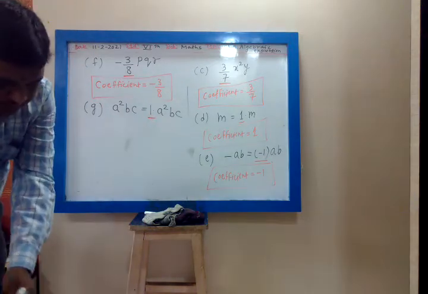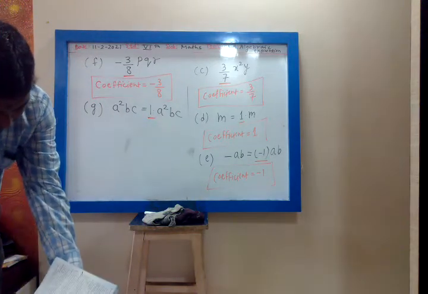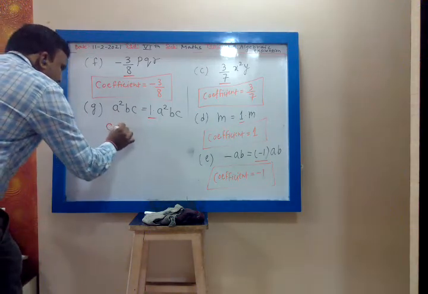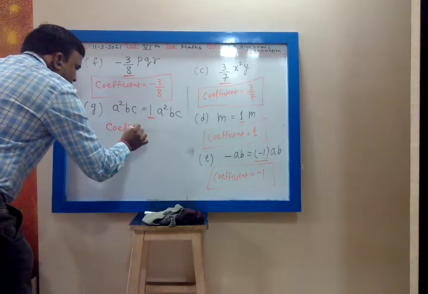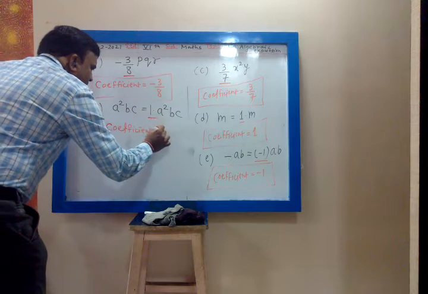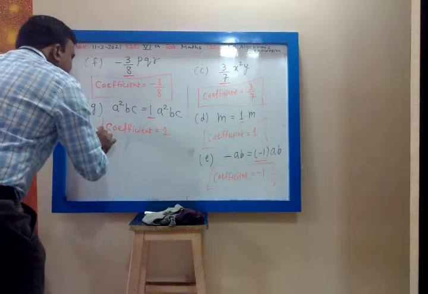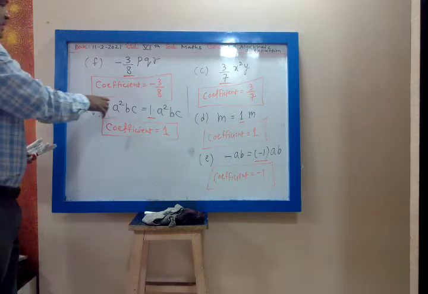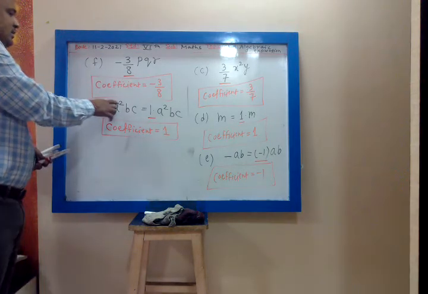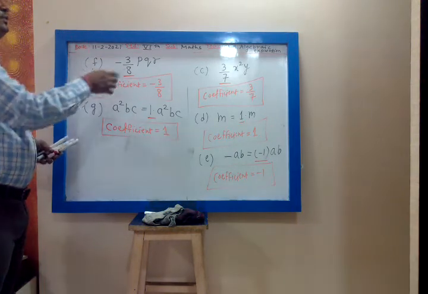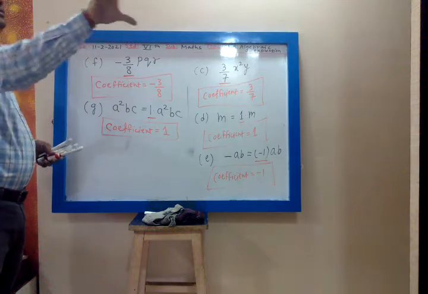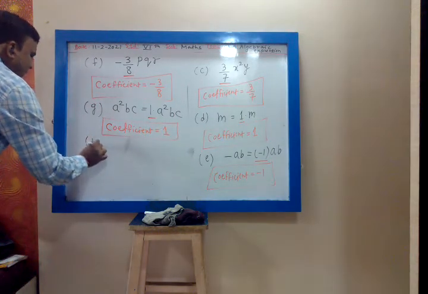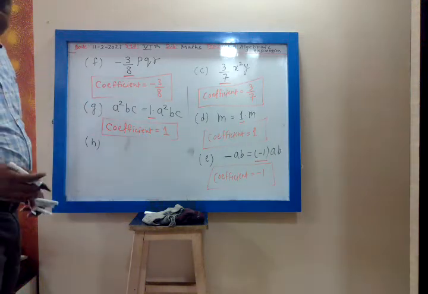So the numerical coefficient is 1, because the power we don't consider in the coefficient. We consider only the number attached to the variable.